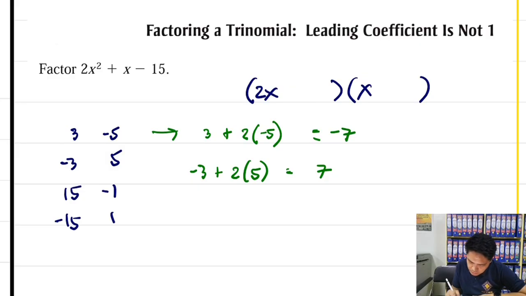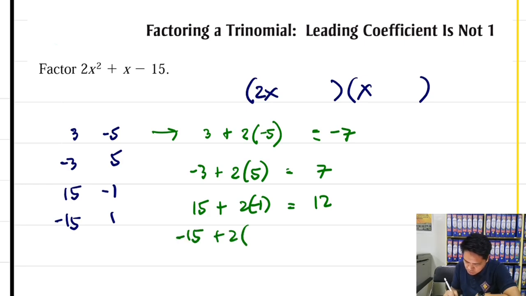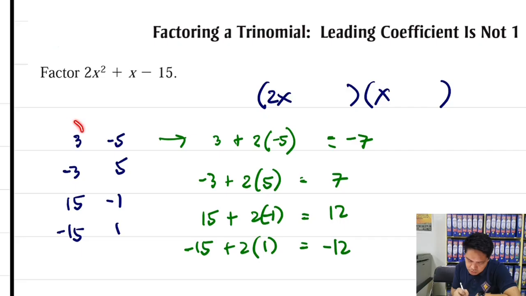Okay, so how about this? 15 siya dito, plus twice of negative 1. So, the result is 12. And kung negative 15 siya dito, plus twice of positive 1, the result is negative 12. So, wala pa rin. Pero remember na pwede din magkabaliktad to siya.